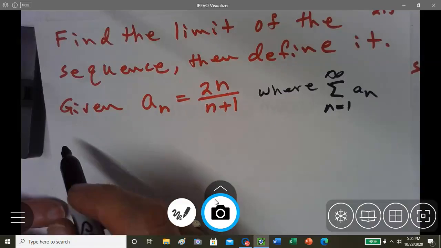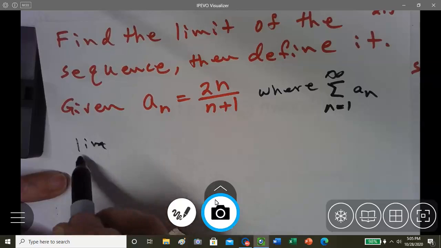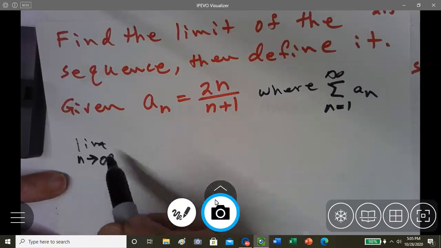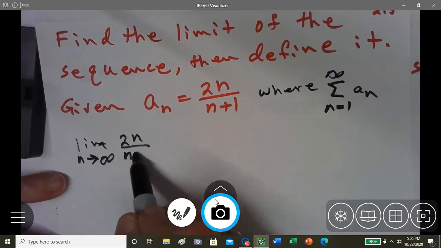So that produces the limit as n approaches infinity of 2n over n plus 1.